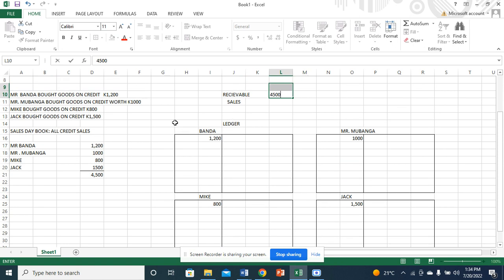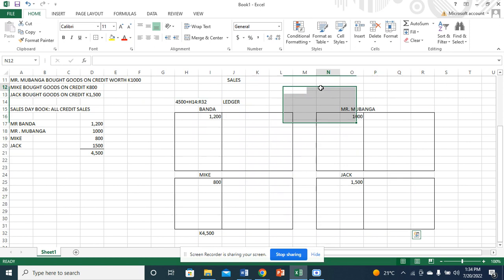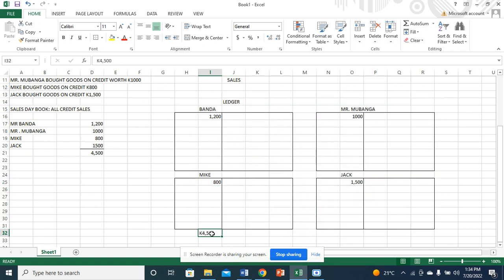Because remember, the total from this ledger must be equal to the total on the control account. The total from the receivables ledger, where we have all these T accounts, when we add them we get 4,500.